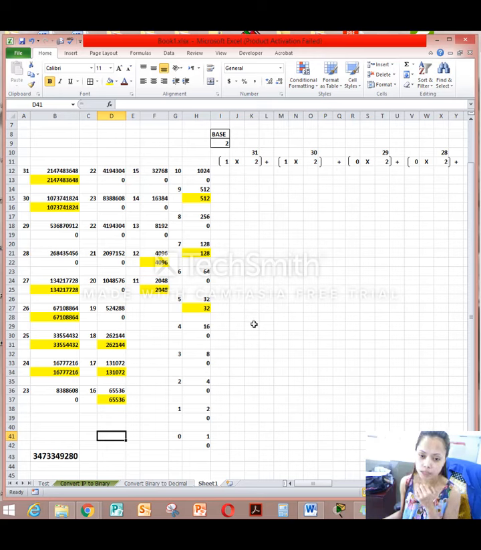Now, what I did was, as you can see, I have highlighted the results which correspond to the digits of 1. Okay, so you might have observed that some powers are missing right there. I didn't highlight them.